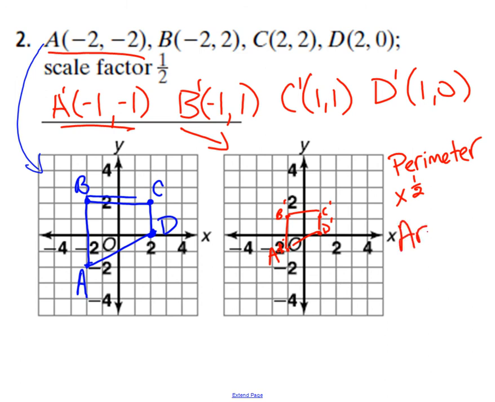How about our area? Got smaller. Got smaller by how much? Half. You sure? No, it got smaller by one. Yeah, by one. We're not sure, so we'll come back to it.